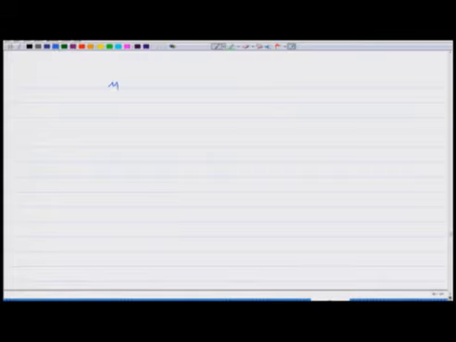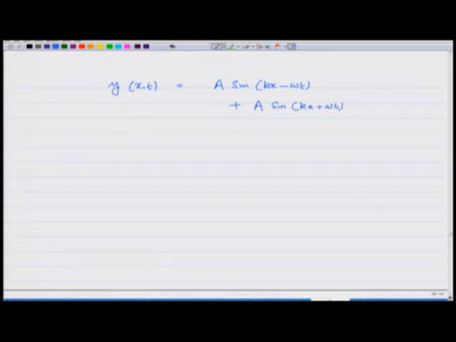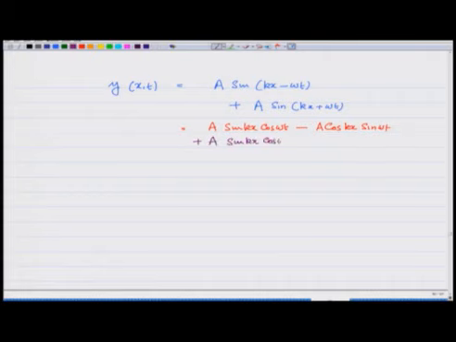So, the net result y x t at any given point is going to be a sine of k x minus omega t plus a sine of k x plus omega t, and I can expand this and write this as a sine k x cosine of omega t minus a cosine of k x sine of omega t plus a sine k x cosine of omega t plus a cosine of k x sine of omega t.